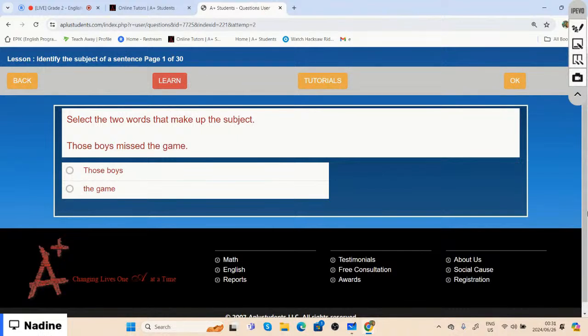We need to select the two words that make up the subject. Is it those boys, option one, or the game? We need to select the subject. Is it option one, those boys, or option two, the game?